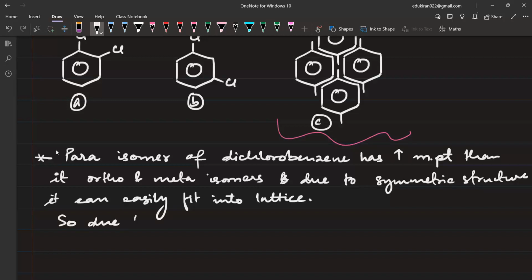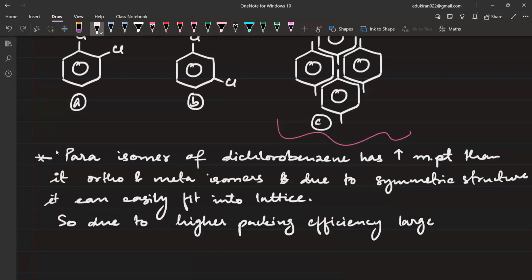So, due to higher packing efficiency, large energy is required to melt.